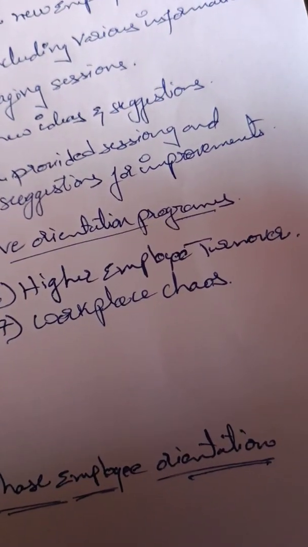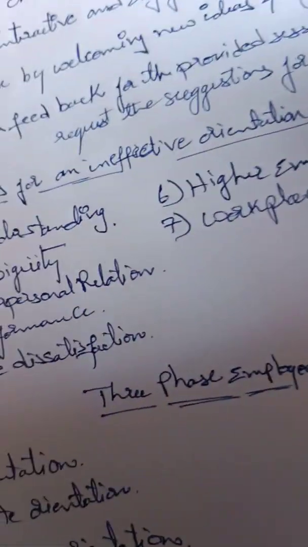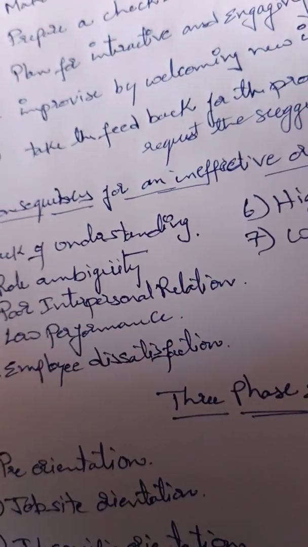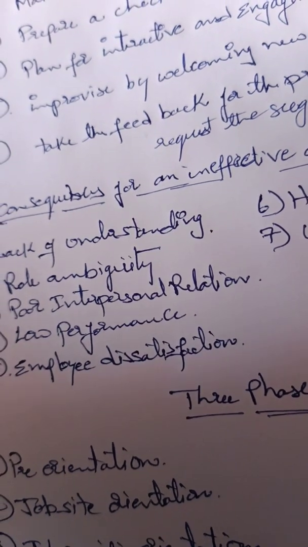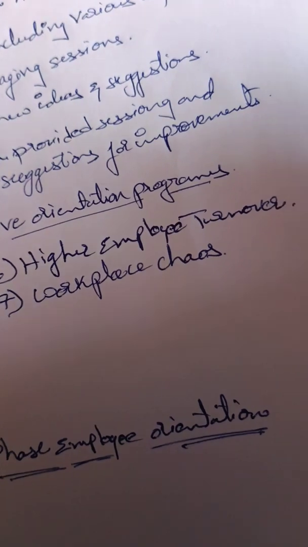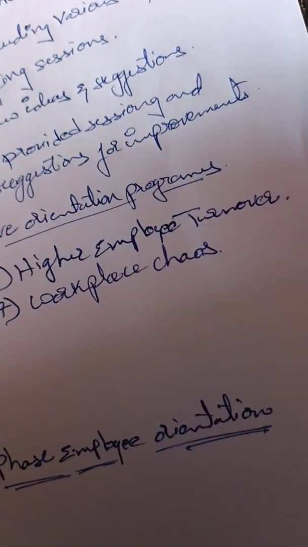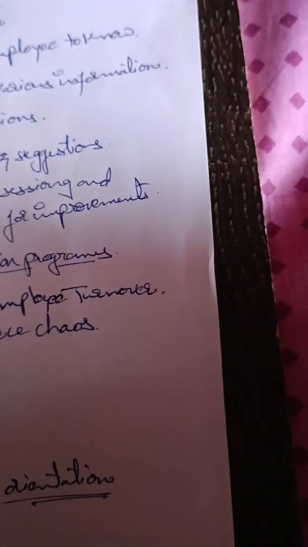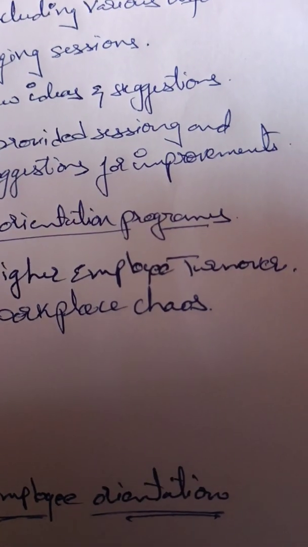And workplace chaos. All these things like lack of understanding, role ambiguity, not having a proper interpersonal relationship, low performance, employee dissatisfaction, and employee turnover will in turn create workplace chaos.